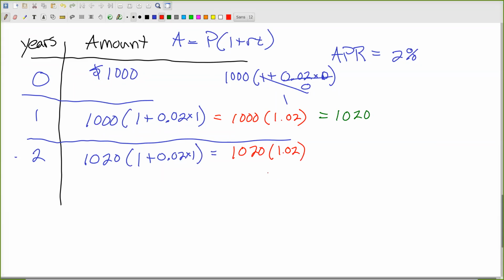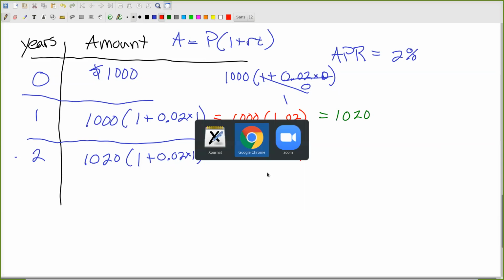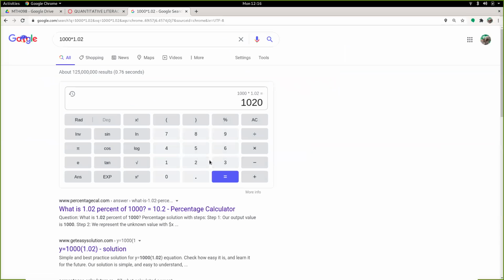Now, because I have more than 1,000 to put interest on, I should be a little bit better off. So let's check with the calculator. So I asked the calculator here, what is 1020 times 1.02. Calculator says you now have $1,040.40.